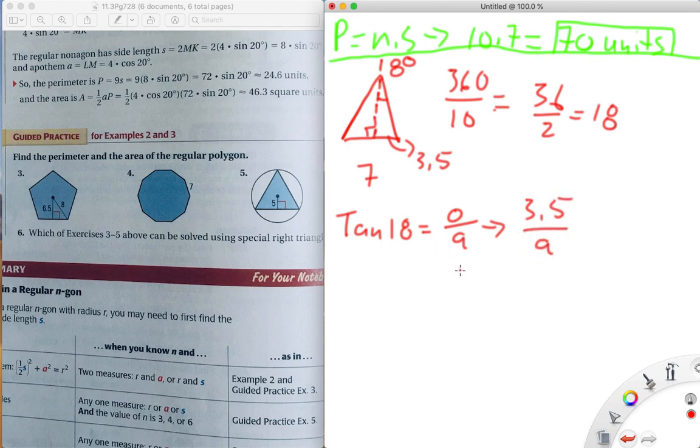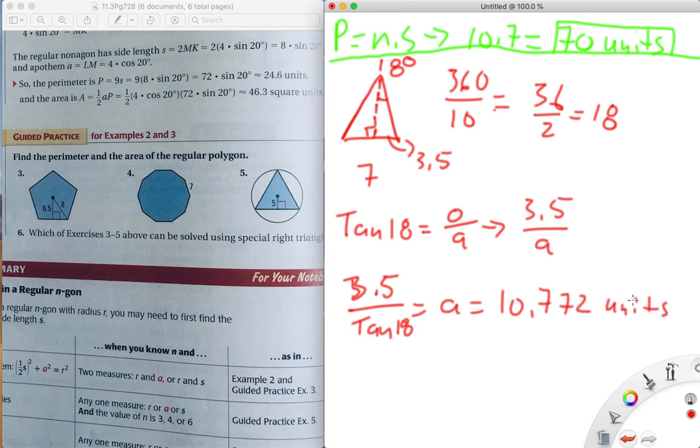I'm going to multiply both sides by the apothem and then divide both sides by tangent of 18, and I get 3.5 divided by tangent of 18 is going to give me my apothem. In this case, it's going to be 10.772 units. Okay, so now we have our apothem.